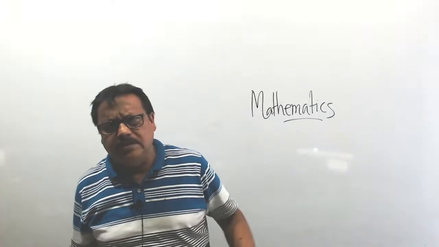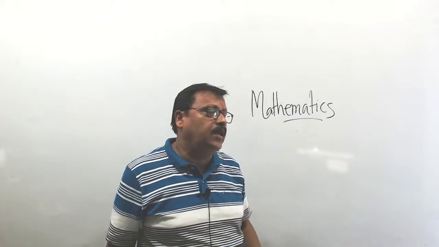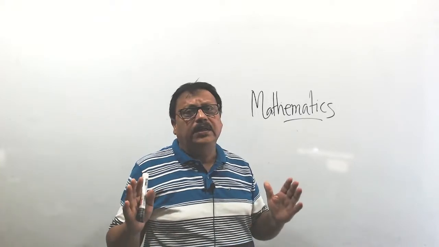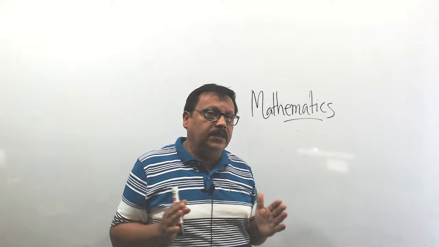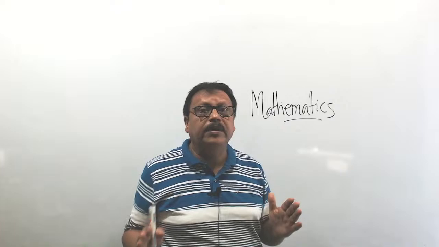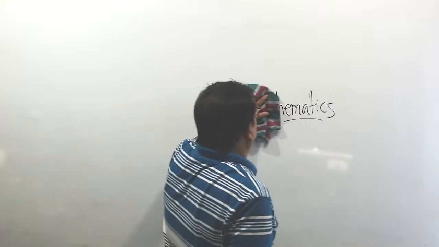We everyone knows this, the common definition of triangle: a plane figure bounded by three line segments. Line segment means portion of a line. Bounded by three line segments is called a triangle.